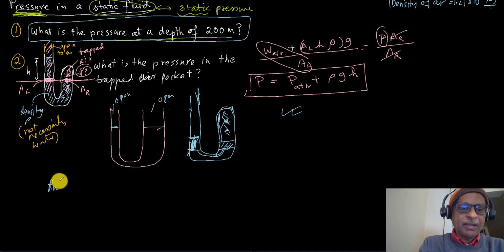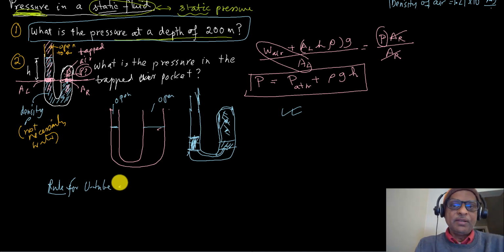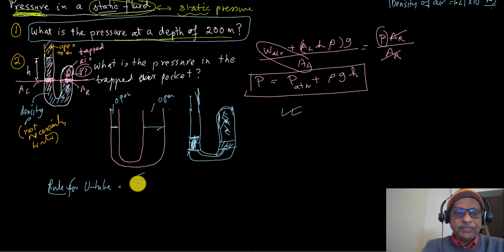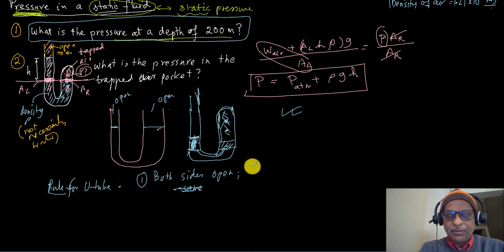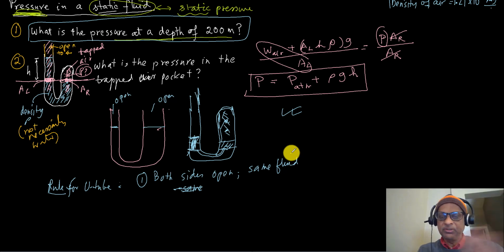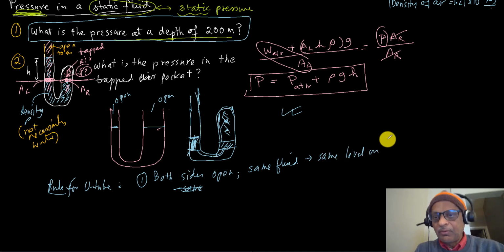So the rule for U tubes that you might use: both sides open, same fluid, so I'm not using two different fluids or two different densities. Same fluid will mean same level on both sides.